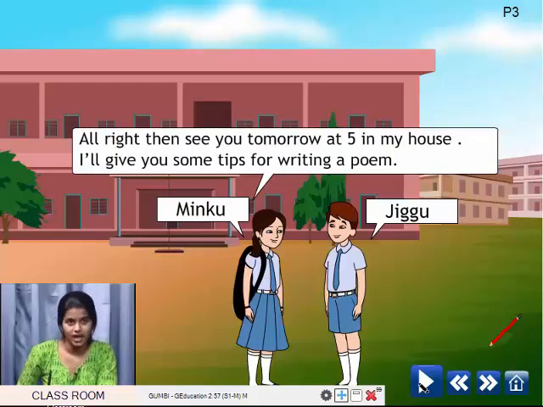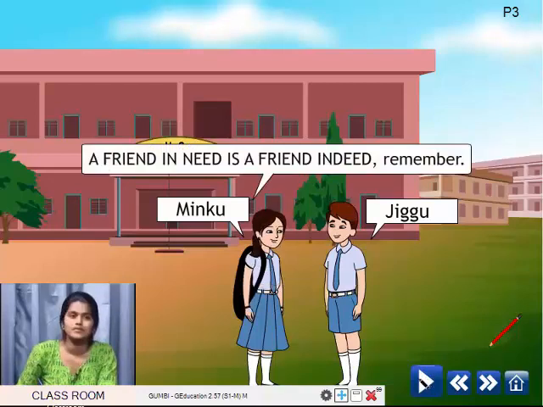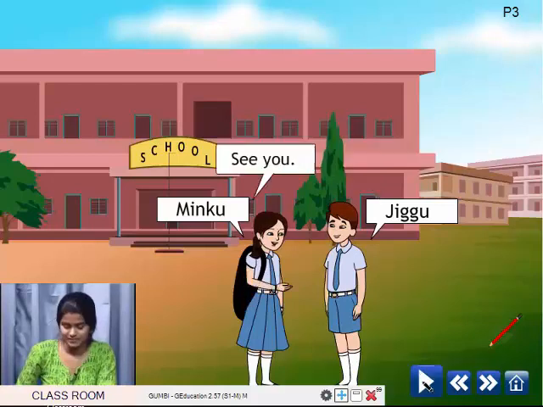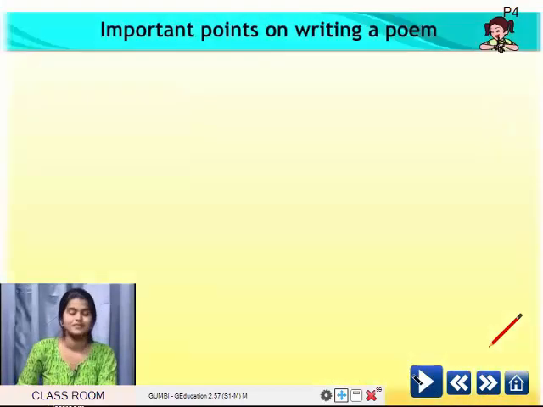Alright then. See you tomorrow at 5 in my house. I'll give you some tips for writing a poem. I'll be there on time. You're my best friend, Minku. A friend in need is a friend indeed, Jigu. Remember. Well said. That's so true. See you tomorrow, Minku. Take care. Okay, Jigu. See you.